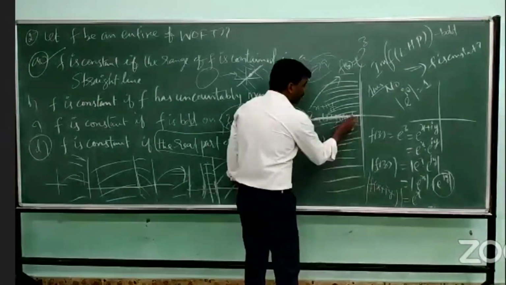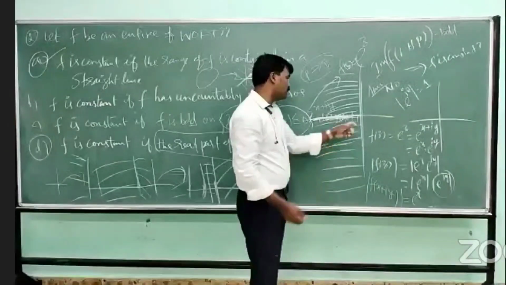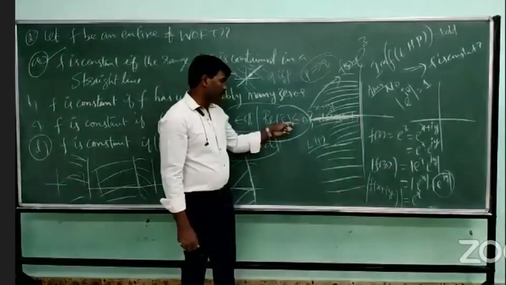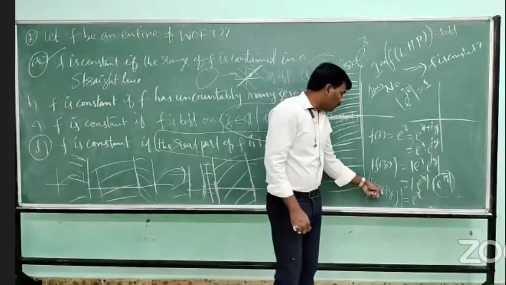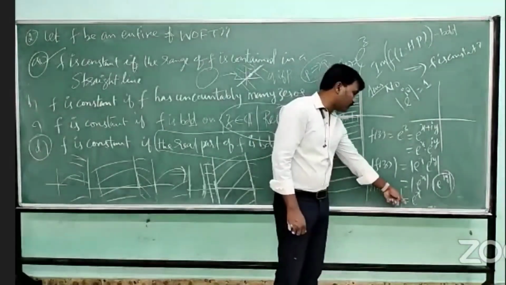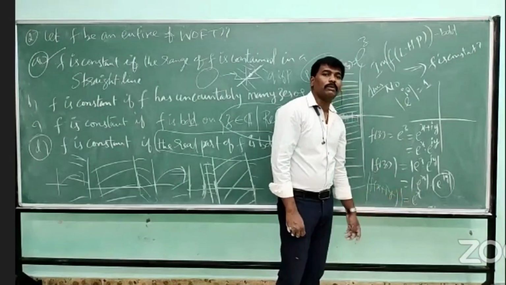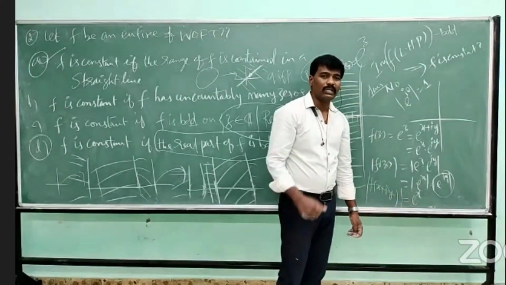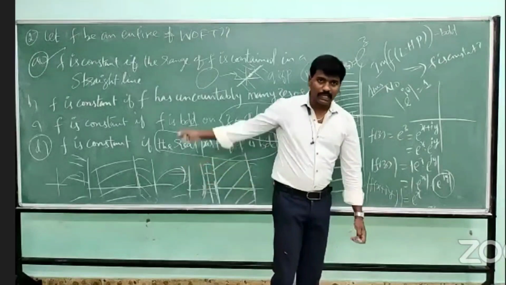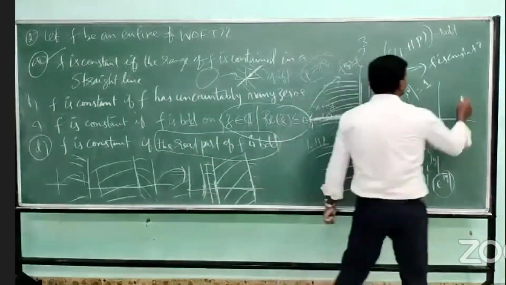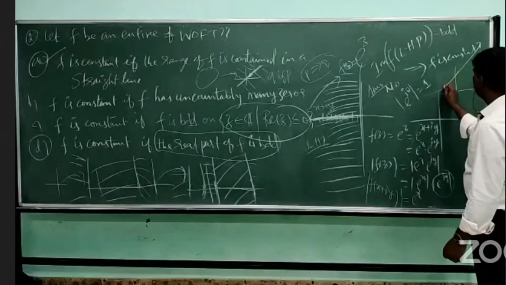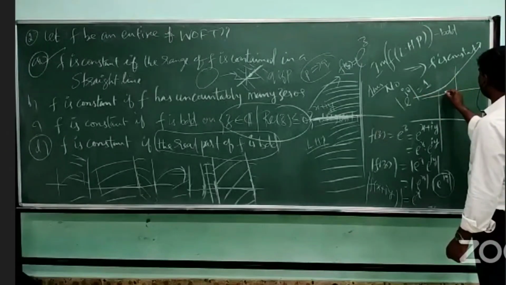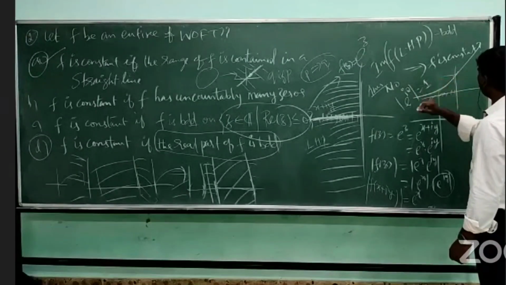Here x will be negative: the real part of z is less than or equal to 0 means all x are negative. So minus x plus iy gives e power minus x, which is always bounded. When you draw the e power x graph, it is like this. For the negative part, e power x is bounded by 1.